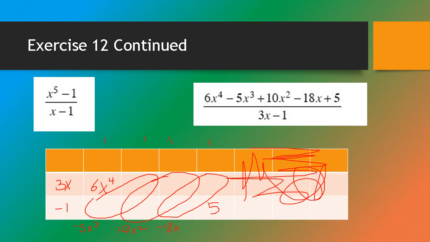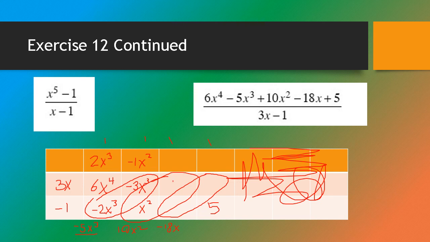So let's get started. 3 times 2 is 6, and to get x to the 4th, I need an x cubed here. 2x cubed times negative 1 is negative 2x cubed, but to get to negative 5x cubed, I need a negative 3x cubed up here. Negative 3 would be 3 times negative 1. And since I have 1x, I need 2 more x's. Please double check that product, make sure it's right. Negative 1x squared times negative 1 is positive x squared.